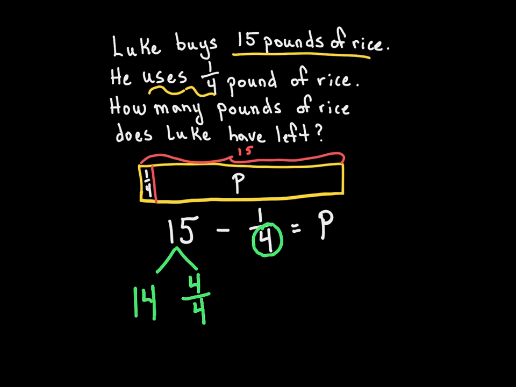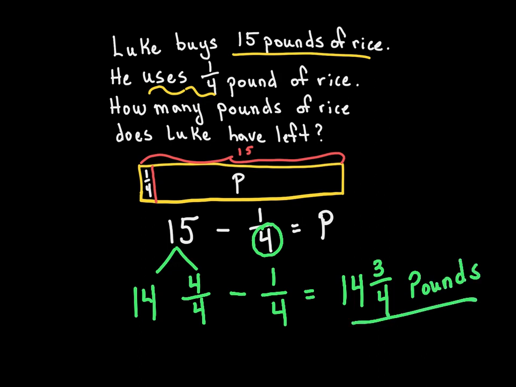And so now we've got 14 and 4/4 minus 1/4, which is going to give us 14 and 3/4. So the answer is 14 and 3/4 pounds of rice left over. And getting into that habit, 3/4 cannot be reduced because it's already in simplest form. 3 and 4 have no common factors to divide by.